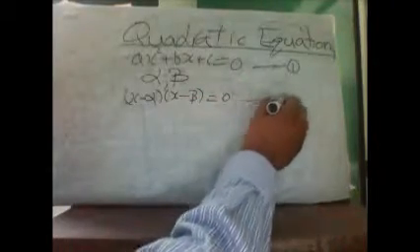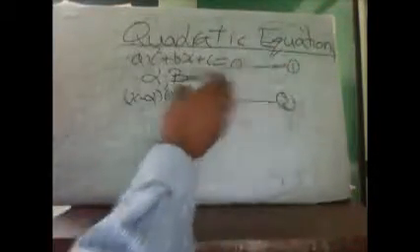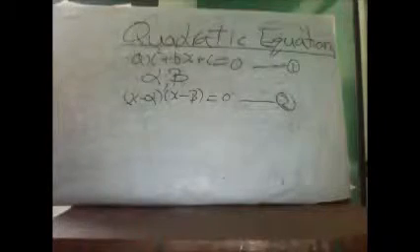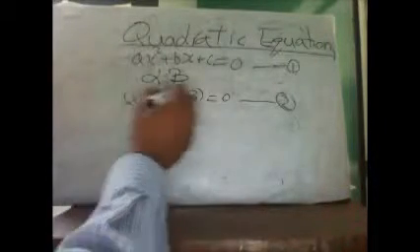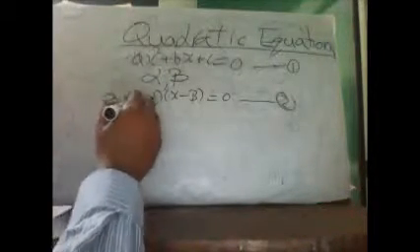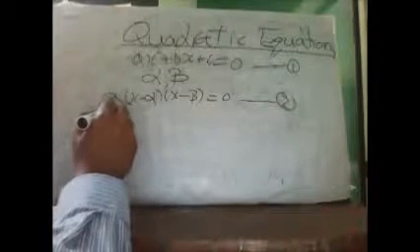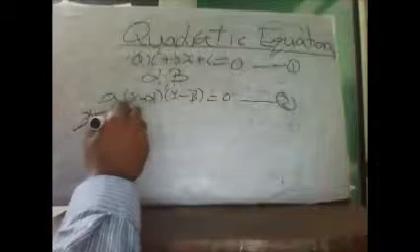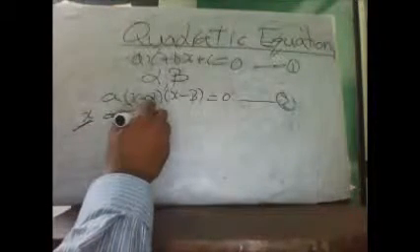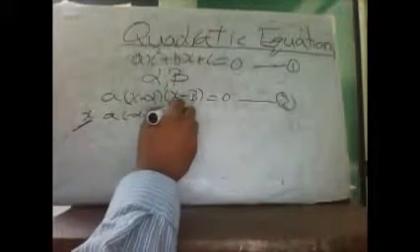Now to compare these two equations, first we align the coefficient of x square. To do that, we multiply this equation by a. Now comparing the coefficient of x, we get a into minus alpha minus beta is equal to b.